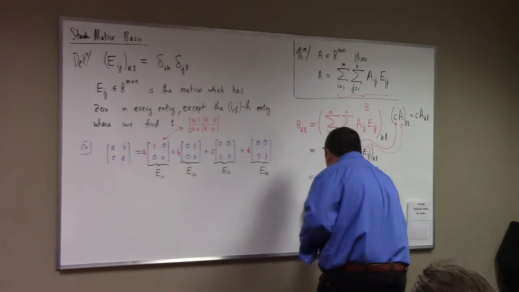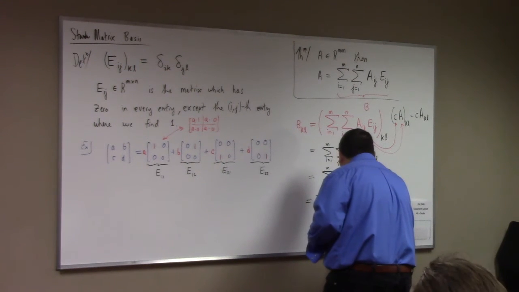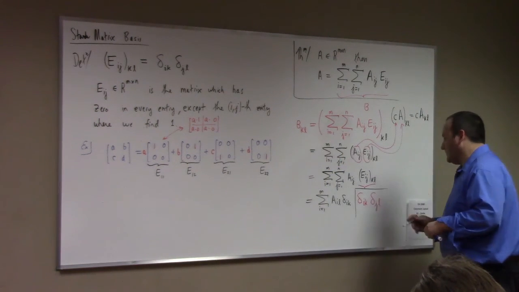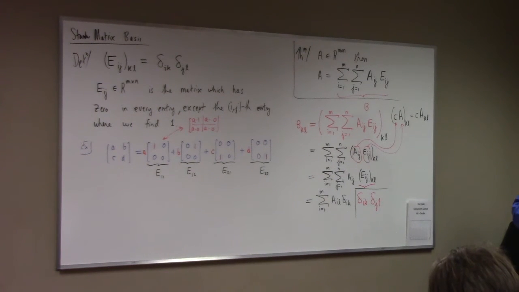So this is, in fact, the sum over i equals 1 to m of a_il Kronecker delta ik, just using logic and the definition of the Kronecker delta. Everything's 0 in that sum over j, except for the case j equals l.